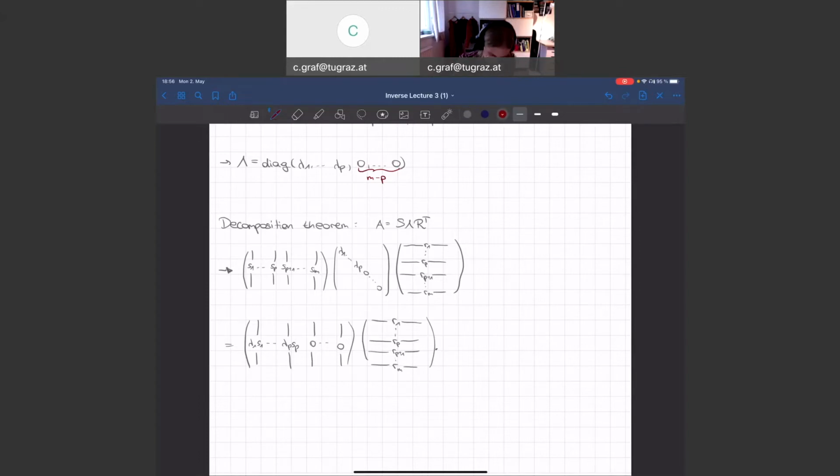So we have here m minus p rows that will be multiplied by 0.